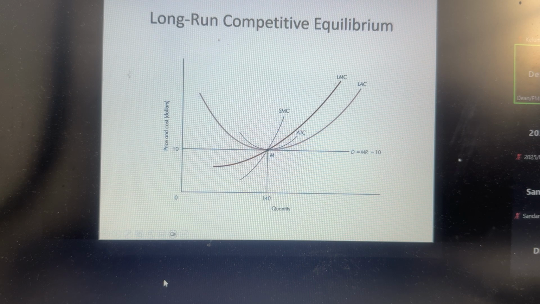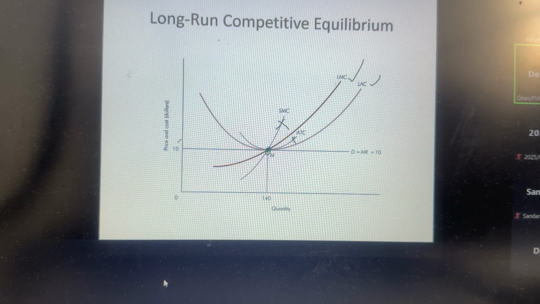Basically, in the long run situation, the firm can make only normal profit because price and cost become the same. So at point M, forget about this short run curve. Only take this one and this one. This is the equilibrium point, and this is the minimum point of LAC as well.